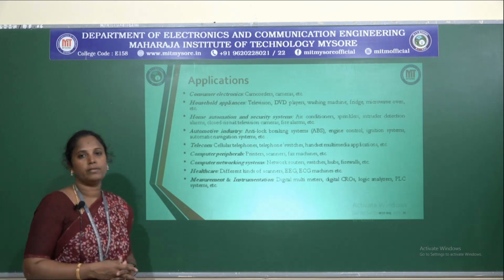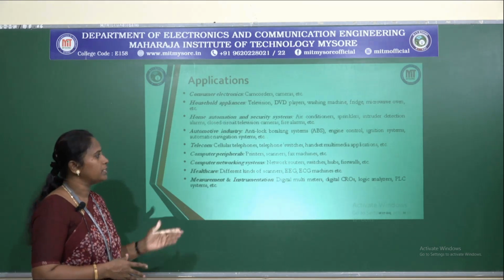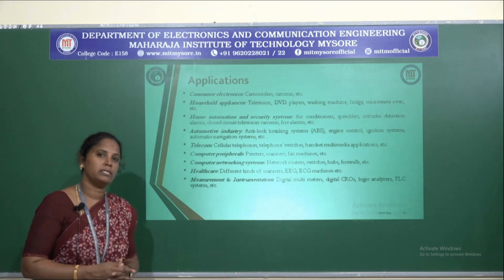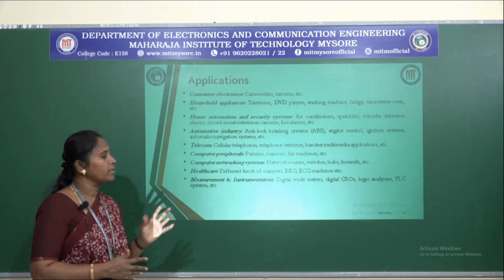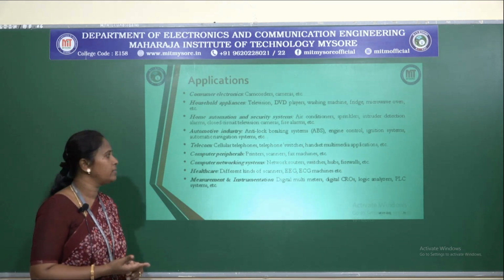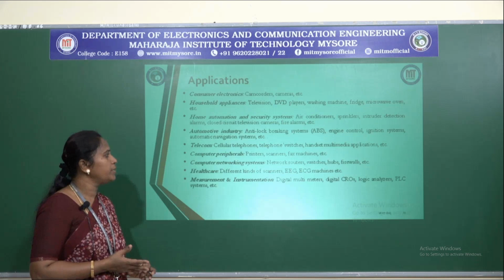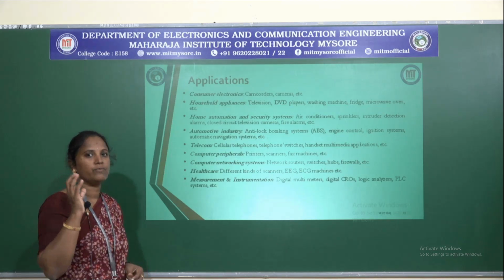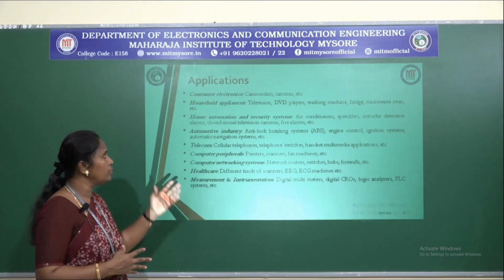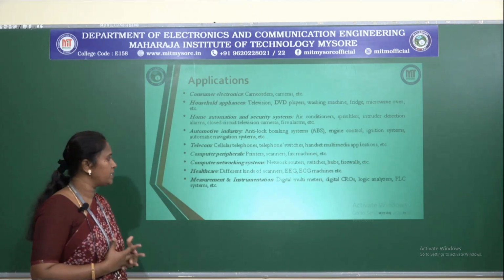Then telecommunication, that is cellular phones, telephone switches, and multimedia applications. Then computer peripherals, like your printers, scanners, etc. Then computer networking systems, like your servers and firewalls. All those are implemented with respect to your embedded system.